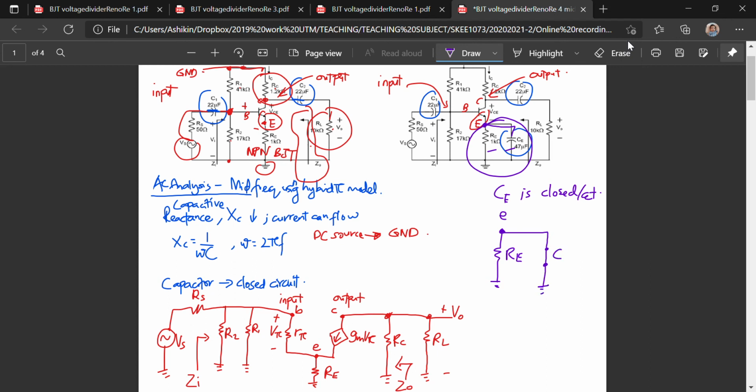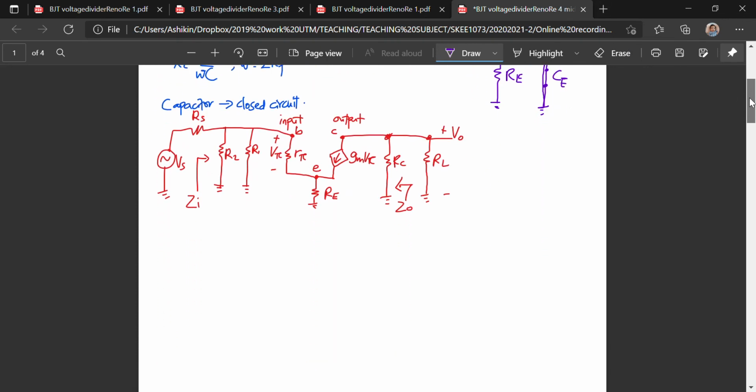So you can see that the circuit is directly connected to ground from the emitter. So we can make a bit of modification to our hybrid pi model here.